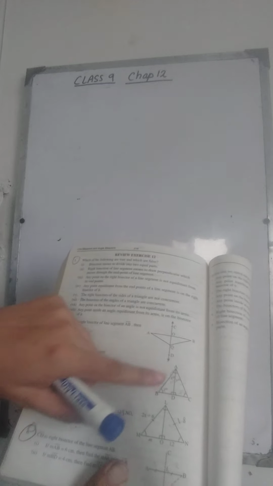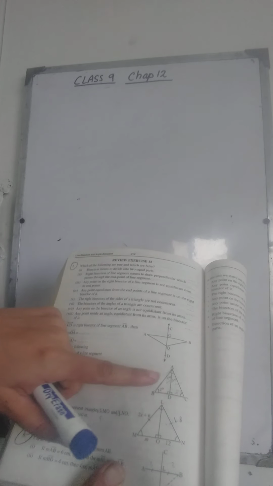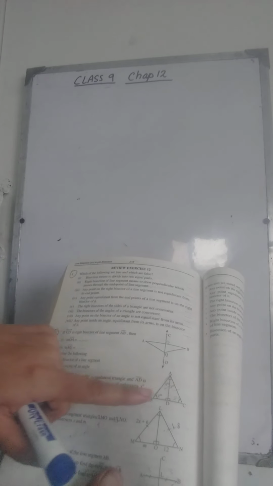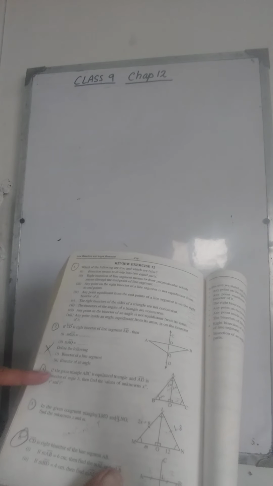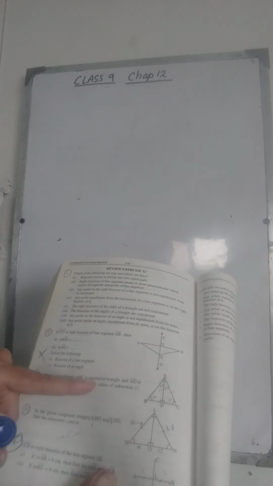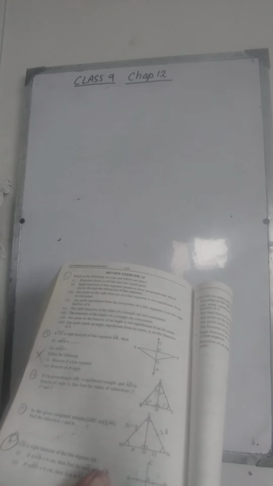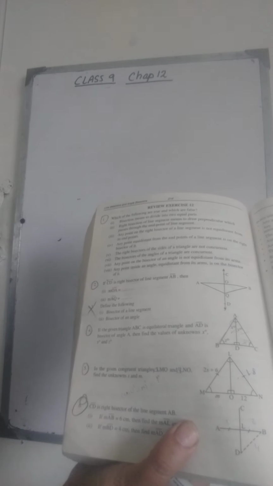They have given us a figure ABC, and there are unknowns x degree, y degree and z degree. We have to find these three angles. The question is, if the given triangle ABC is an equilateral triangle. Now, what do you mean by an equilateral triangle? An equilateral triangle is the triangle whose all sides are equal, and from its properties we also know that each angle of an equilateral triangle is equal to 60 degrees.